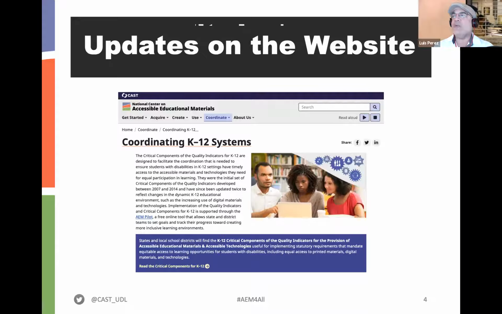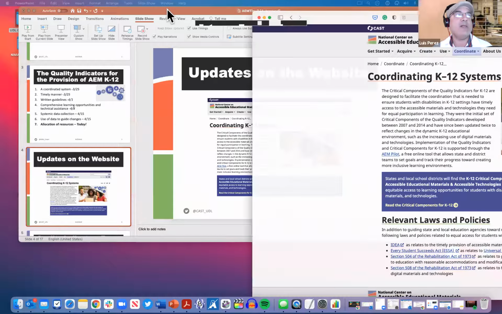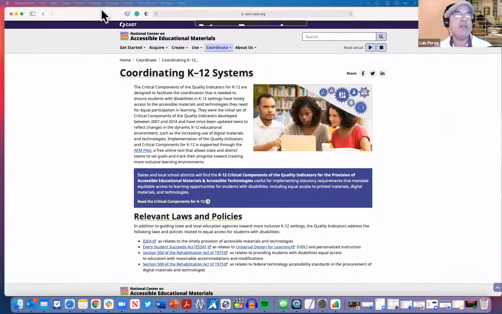So I just want to share with you before we get started with today's topic that there have been some updates to the website. We actually have the quality indicators with critical components available now for download. So I just want to exit here from my slides and bring up the website and just show you where those are located. As a reminder, you'll always find the quality indicators with critical components under our coordinate tab.